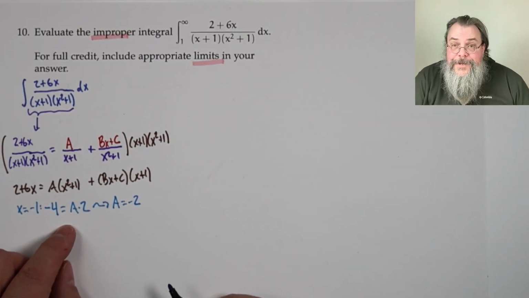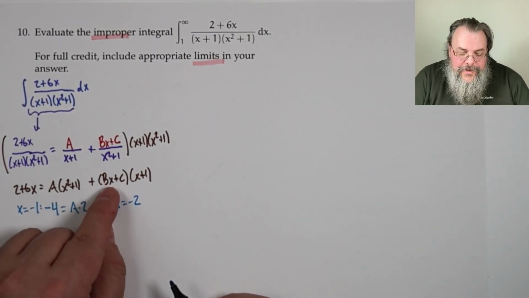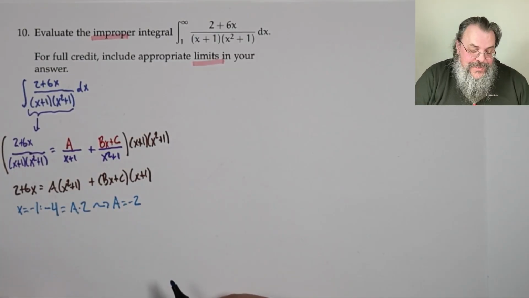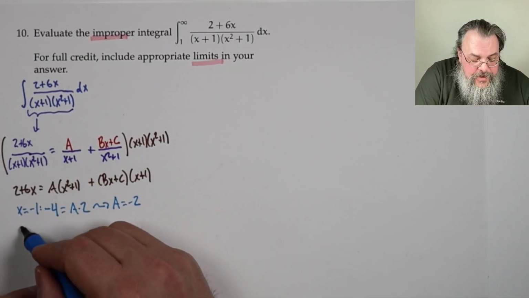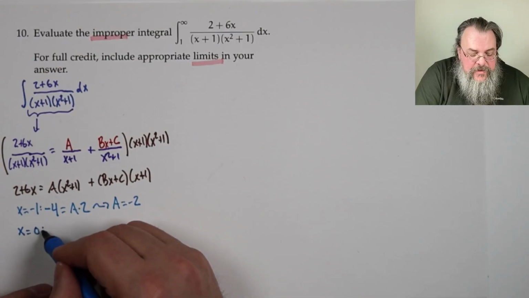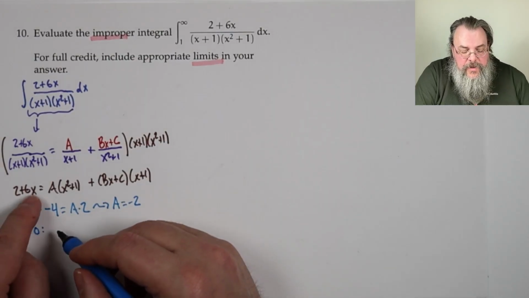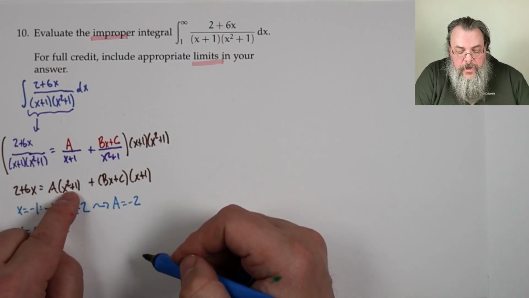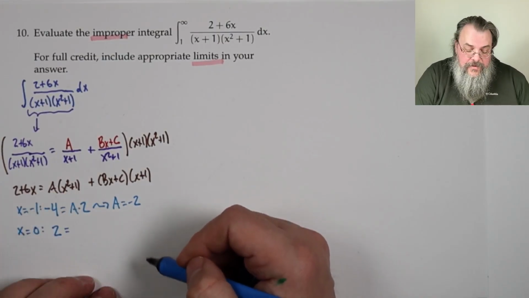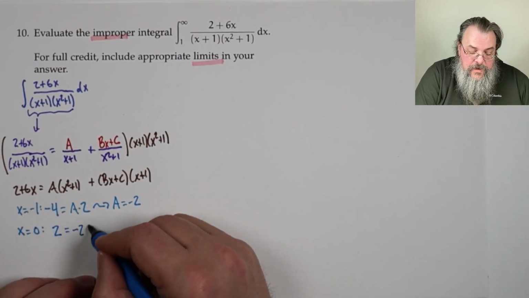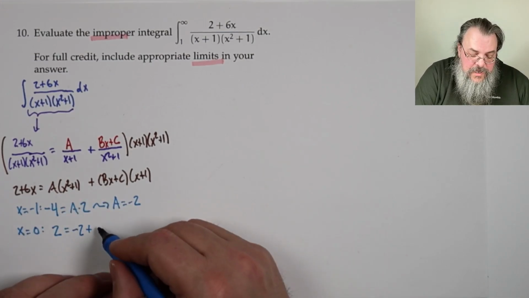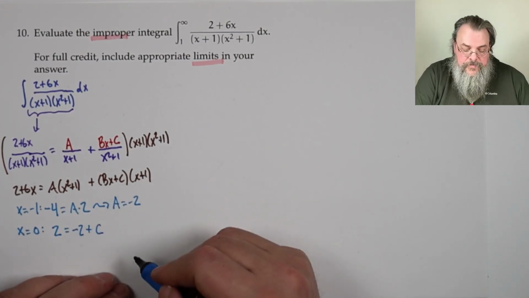Is there any other good choice? Notice we have b times x, so 0 is a good choice. Let x equals 0. 2 plus 0, which is 2, equals a times 1, and we know a is negative 2, plus b times 0 plus c, which is c times 1.